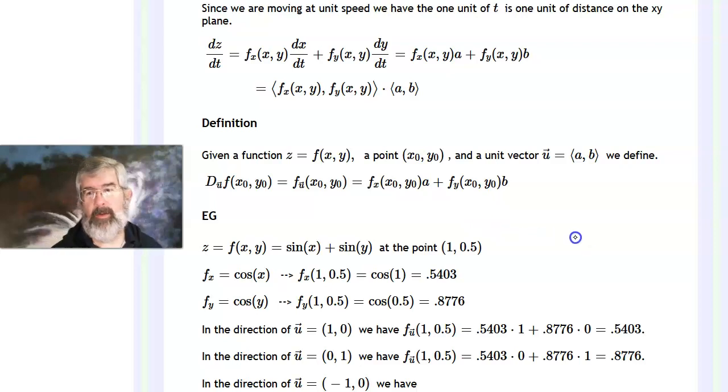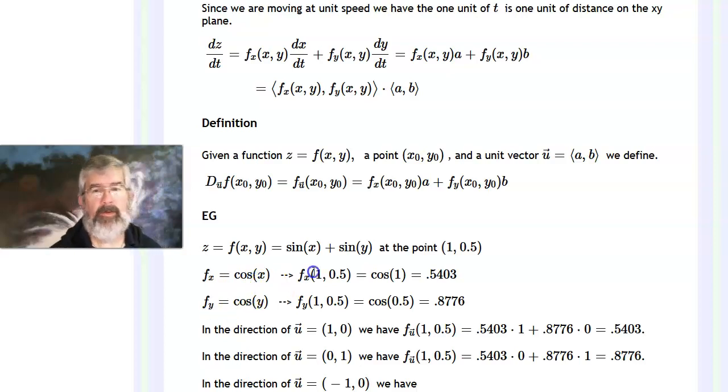So to do an example, actually this example is the surface that we had above. f of x, y is sine x plus sine y, and I'm going to look at it at the point 1, 1/2, which is what the picture was, and we'll look at it again momentarily. The partial with respect to x is cos x, the partial with respect to y is cos y.